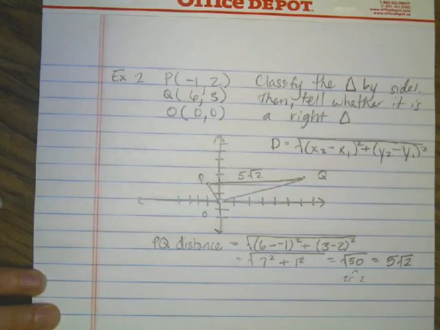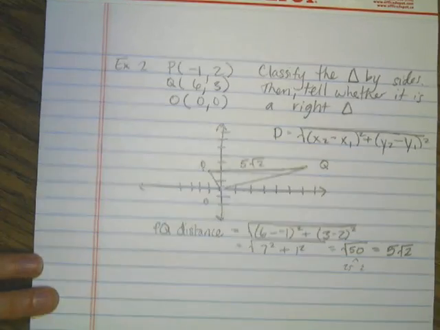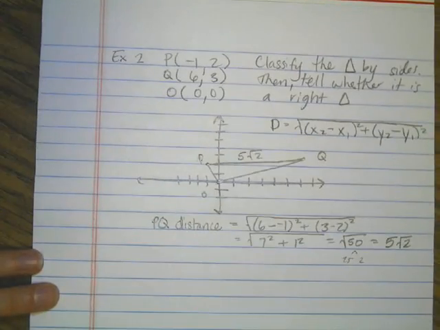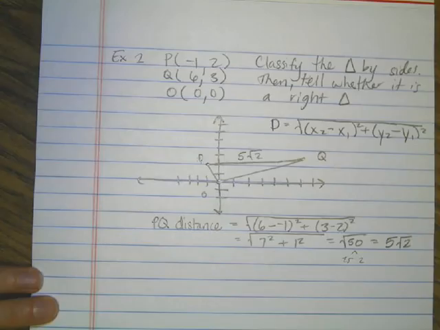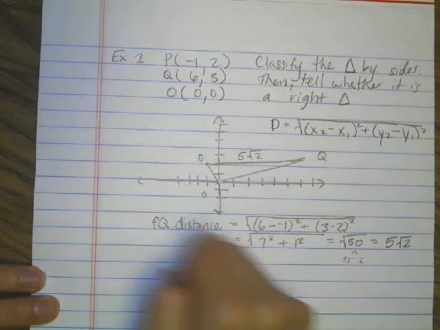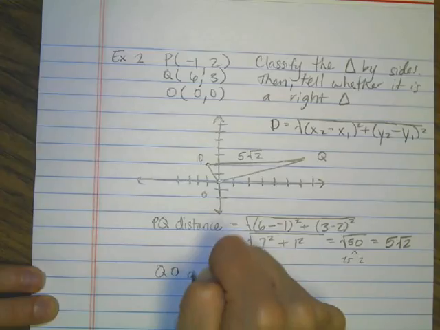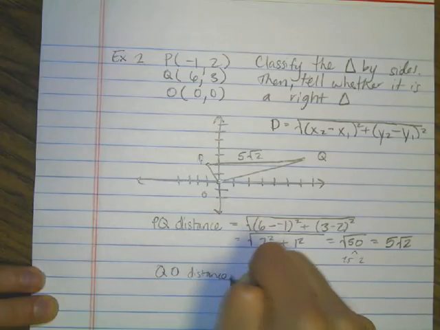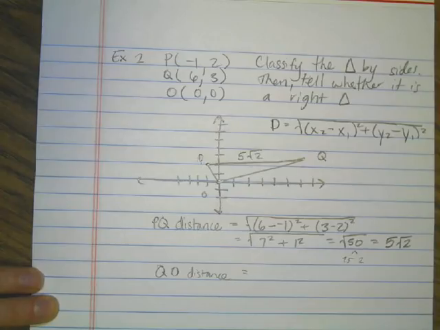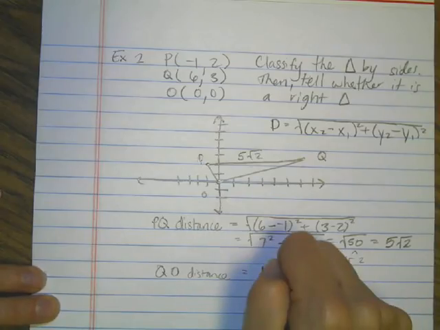OP, good. So OP slope. So I say it's y over x. So 2 minus 0 over negative 1 minus 0, and that gives me what? 2 over negative 1. So we're looking at this slope and this slope.